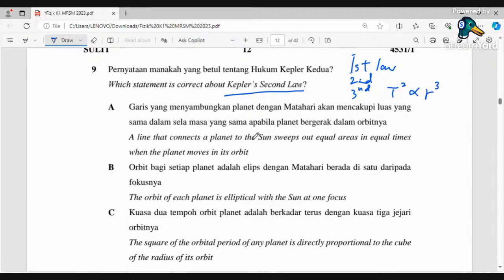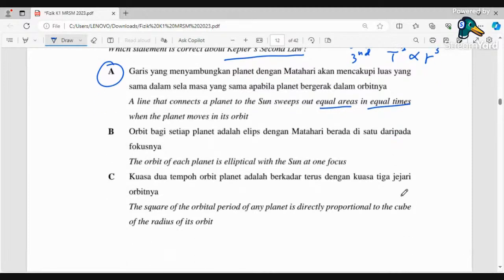Okay. So Kepler's second law, kita lihat jawapan nombor 9. A line that connects planet to sun sweeps out equal areas in equal time. Equal areas, equal time. Okay, answer is correct, A. Ini ialah first law.